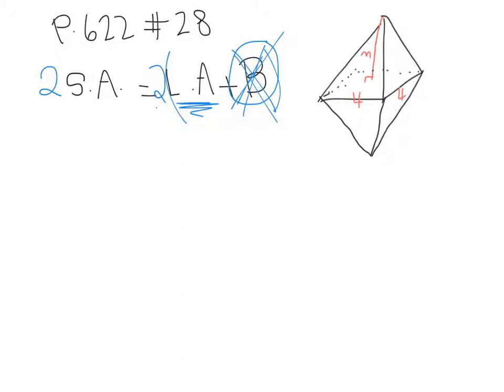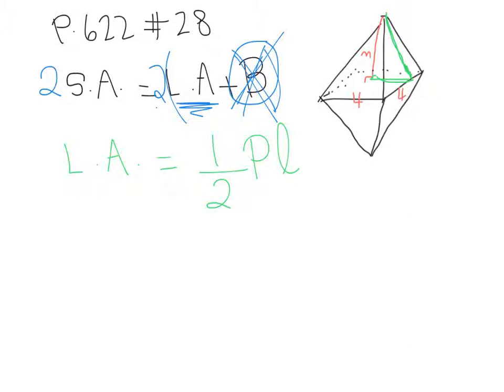So let me grab another color. We have now the lateral area of the pyramid is half of the perimeter times the slant height. So they gave me the height, but they didn't give me the slant height. So I know that I can figure it out by Pythagorean theorem. I have a right triangle.